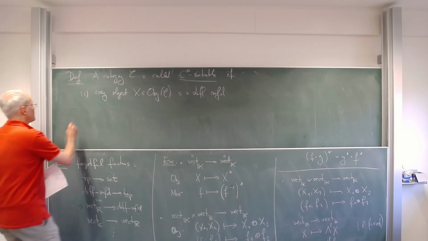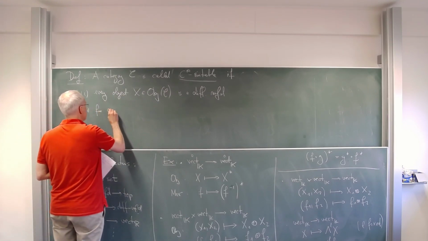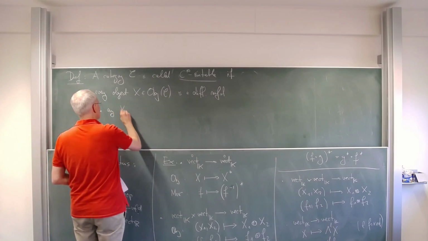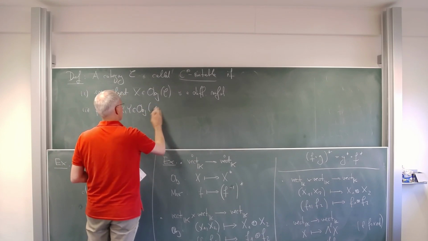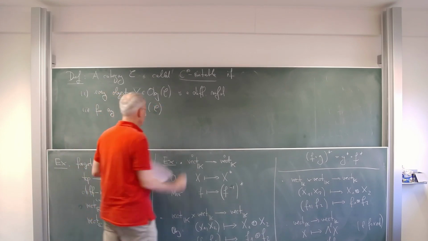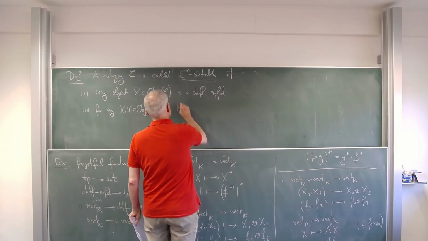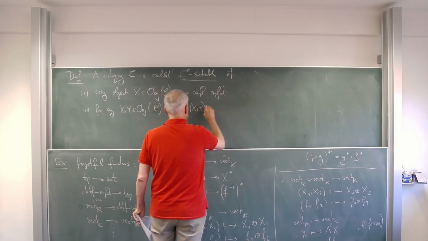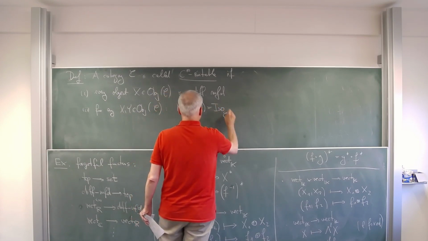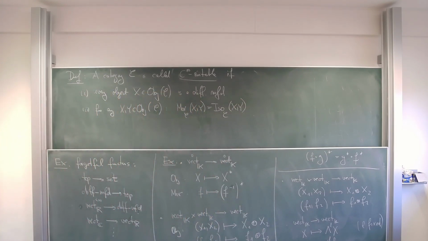And on the level of morphisms, for any two objects, the morphisms are all isomorphisms. That's one thing. Like for a groupoid, I want to have that everything is invertible.